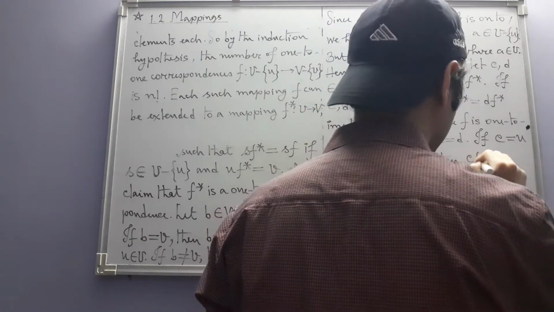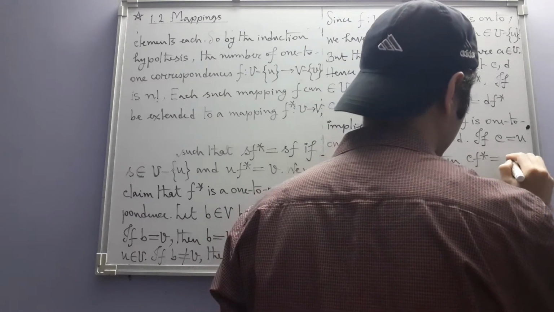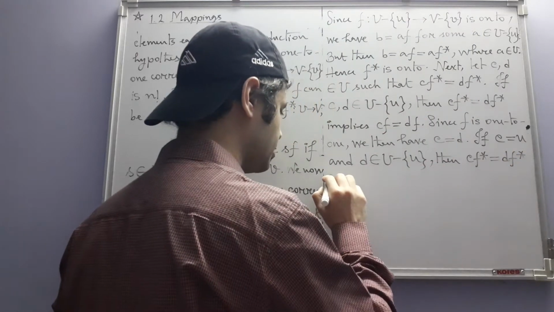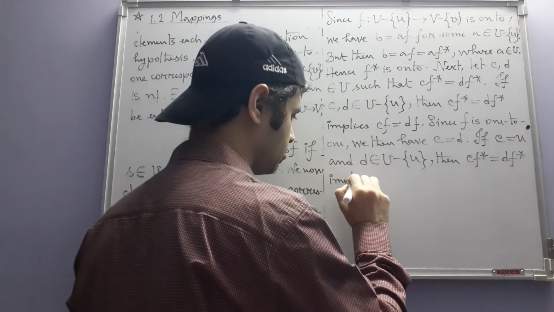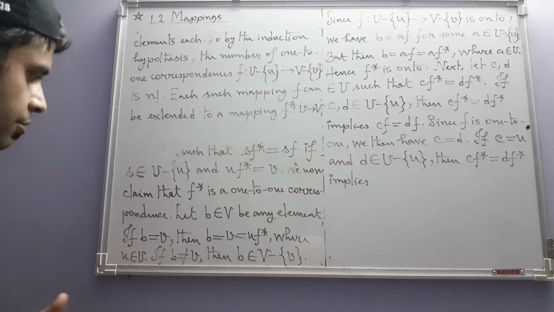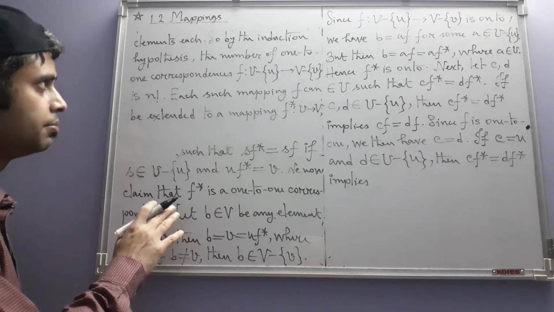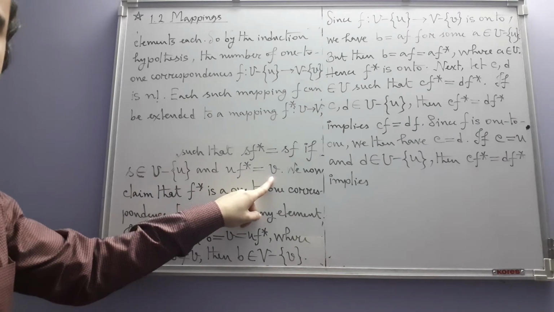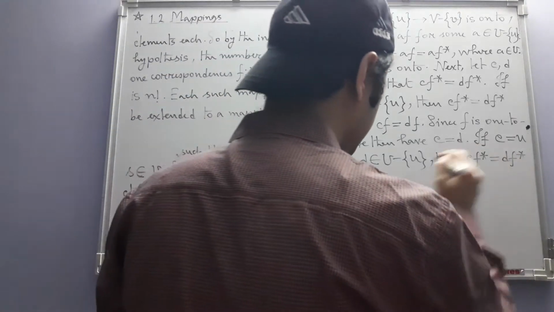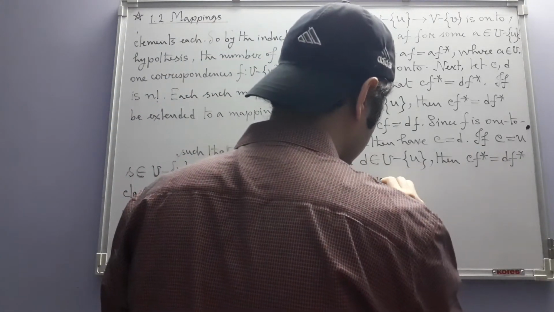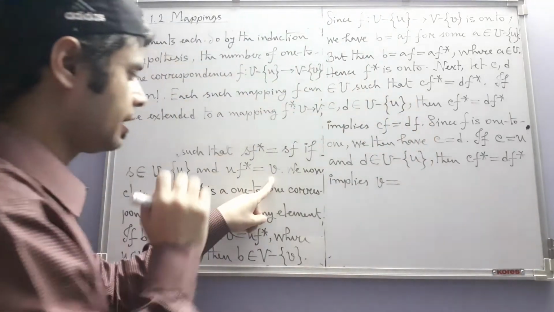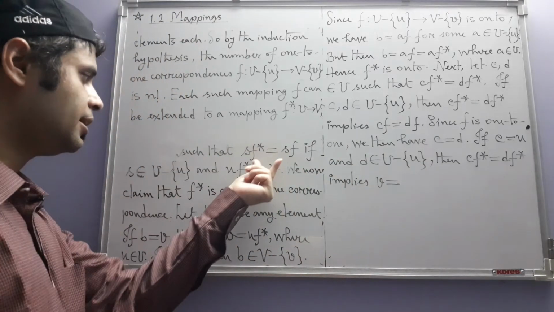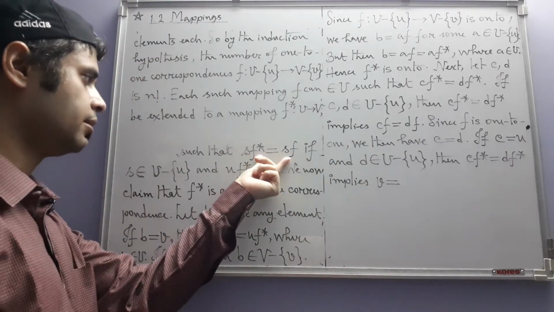Then Cf star equal to Df star implies, if C is u, then where is it? Here. Then its f star image is nothing but v. So Cf star is v, and Df star, because now D belongs to U minus u, so Df star is here, Df.